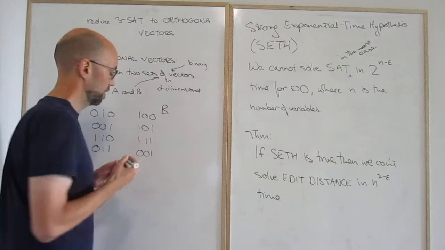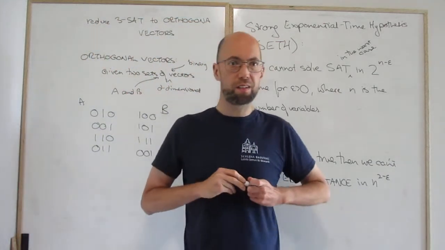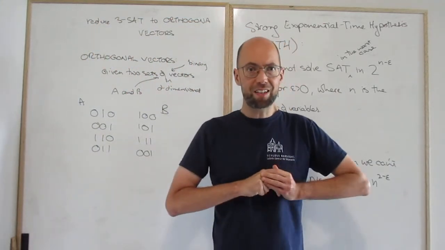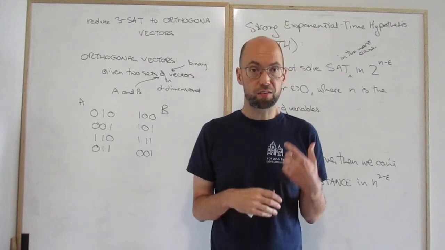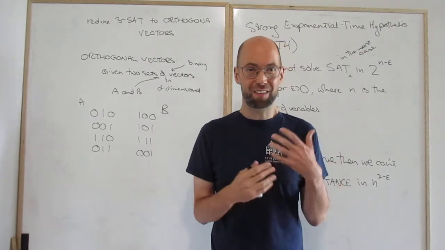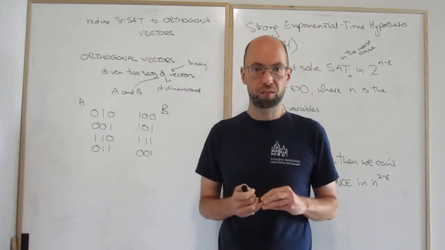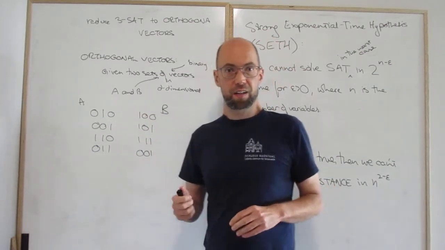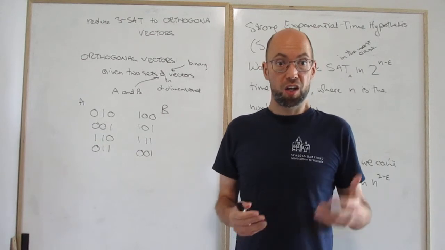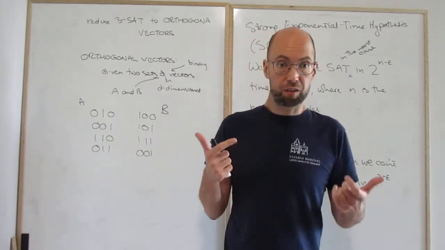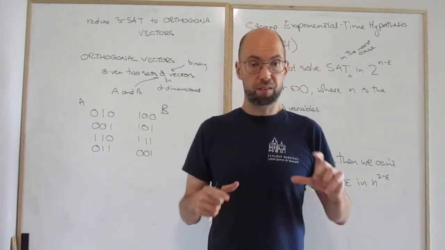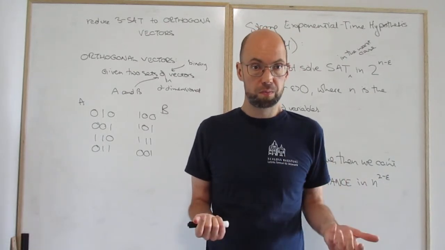Now, we can do this assuming D is not very big. Let's assume that D is polylogarithmic in the number of vectors in these two sets. Then the question is, is there a vector in A and a vector in B that are orthogonal? That is, their dot product is 0.